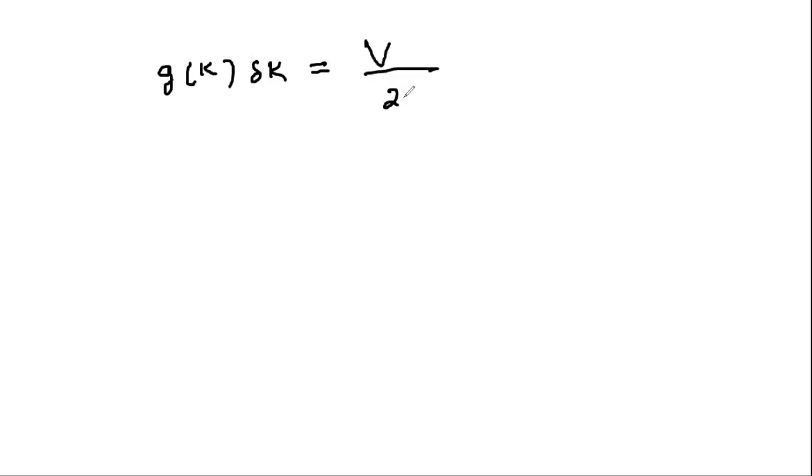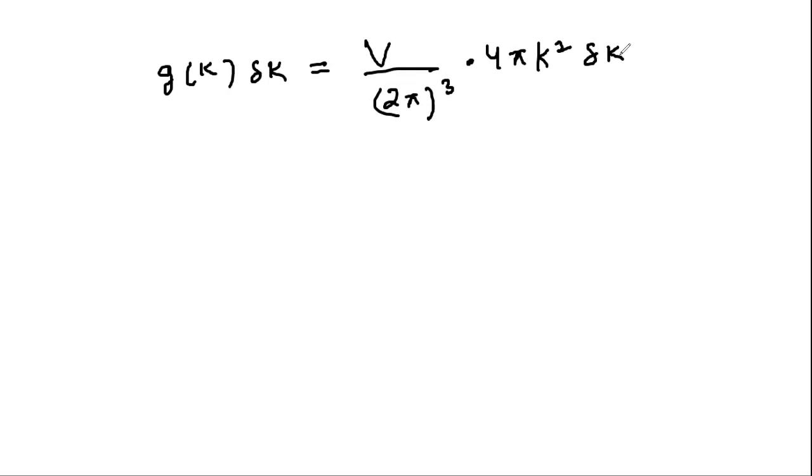V by 2 pi cube times 4 pi k square delta k. What is V? V is the volume of the gas. What is g of k delta k? It is the number of states in k space in the interval delta k.